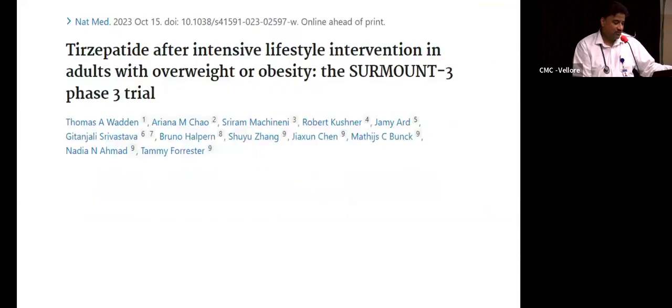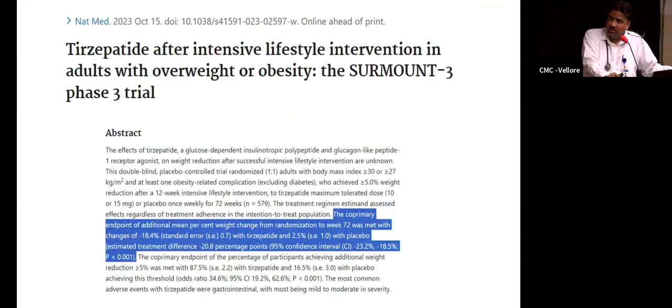And a very interesting trial was SURMOUNT-3, which was recently published, looking at people who've already had an intensive lifestyle intervention, something that we do in our clinical practice. If we have a patient with severe obesity, we don't give them drugs on day one. We just counsel them about their lifestyle first. And most of these patients, if they follow the lifestyle, are able to lose 5 to 10% of their weight if they really follow it well.